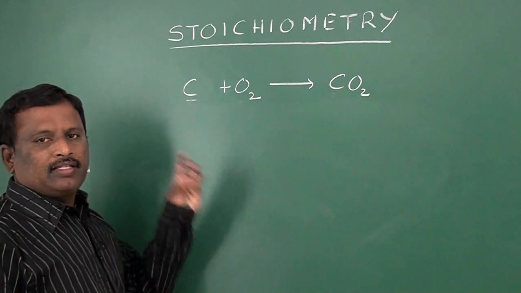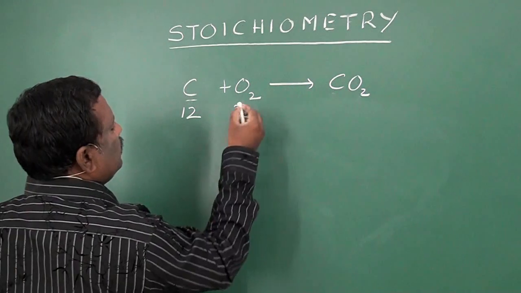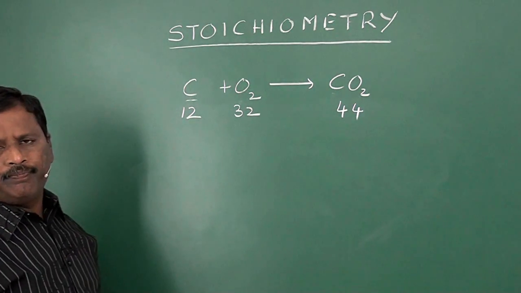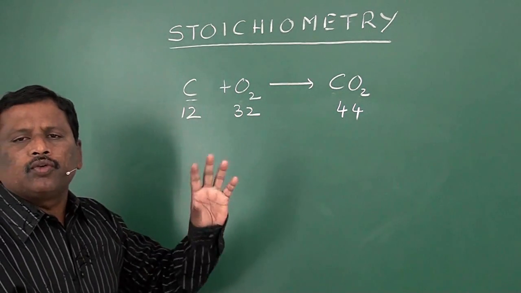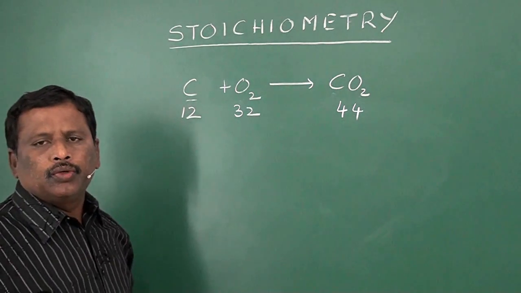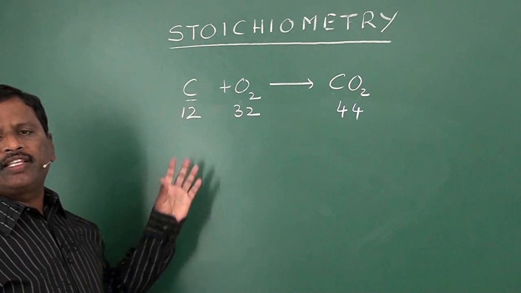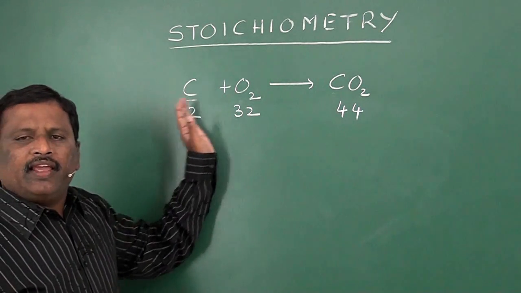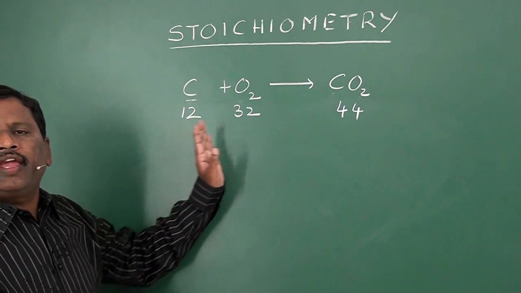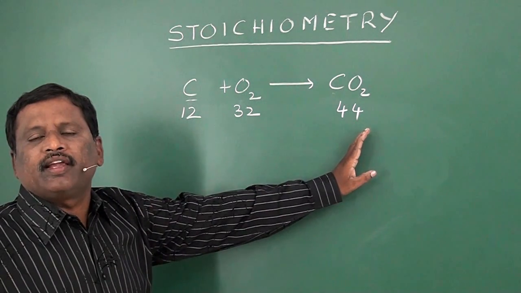In the balanced chemical equation, 12 units of carbon react with 32 units of oxygen to give 44 units of carbon dioxide. Whatever proportions you take, they react with each other in this particular ratio only. This ratio will not change. If you take the substances in grams, they react in this ratio in grams. That means 12 grams of carbon react with 32 grams of oxygen to give 44 grams of carbon dioxide.